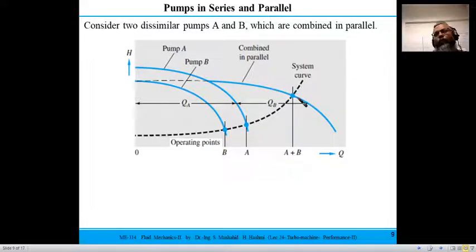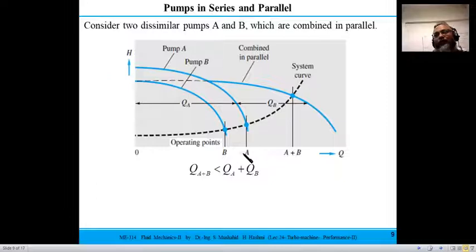The total flow rate for your combined pumps in parallel would obviously be greater than the flow rate of pump A or B either, because the flow rate of A and B together must always be greater than A.